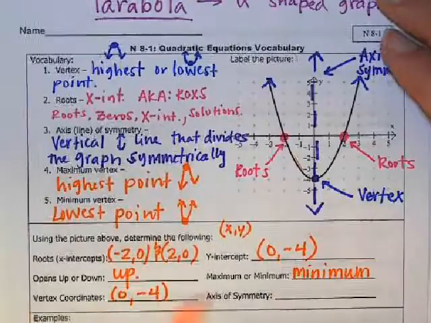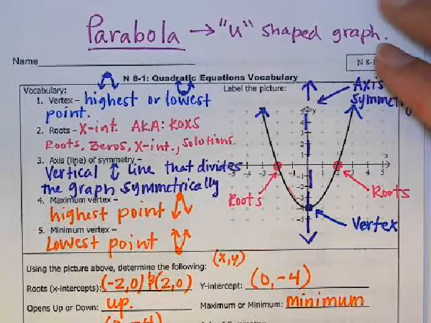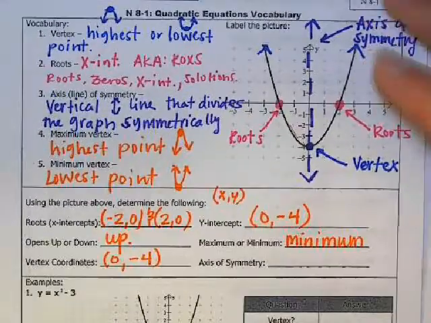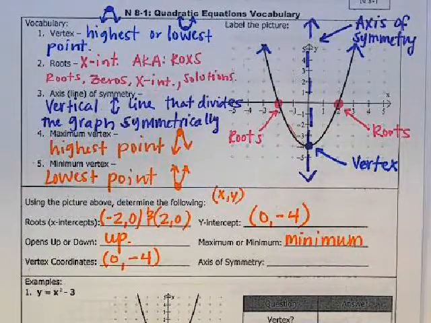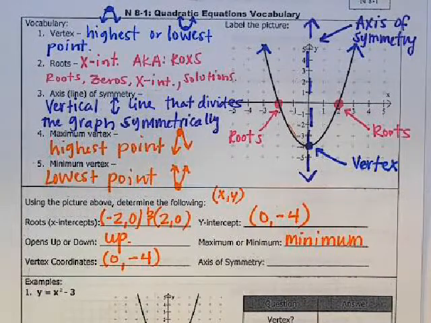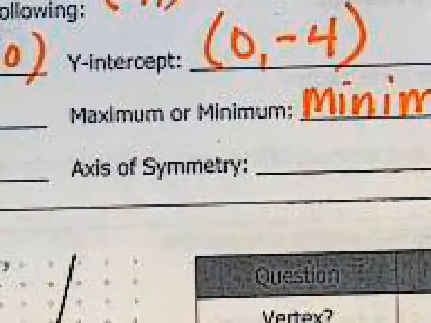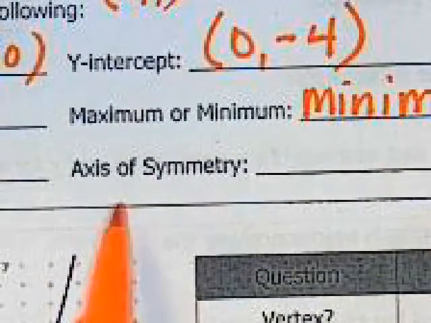So how do I write an equation of a vertical line? Look at the hint: x equals a number. Now look at the word axis.